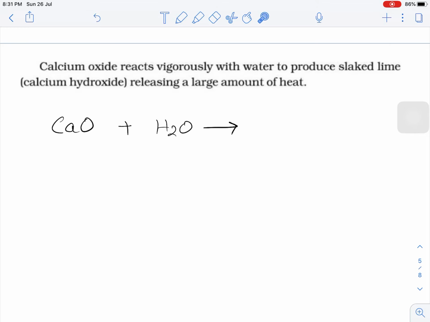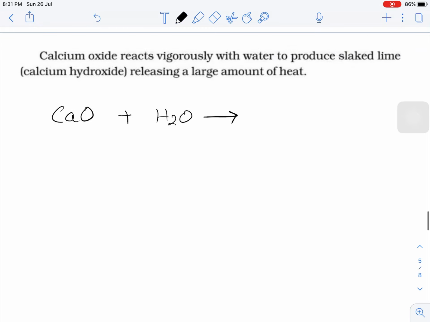What? Slaked lime, which is known as calcium hydroxide, releasing a large amount of heat. Calcium hydroxide is written as Ca(OH)2. As it is told that it is releasing a large amount of heat, we have to write plus heat here.